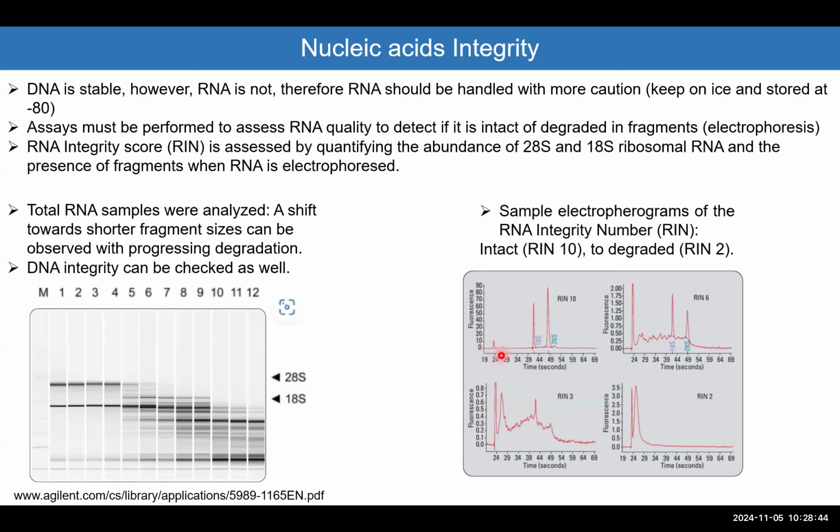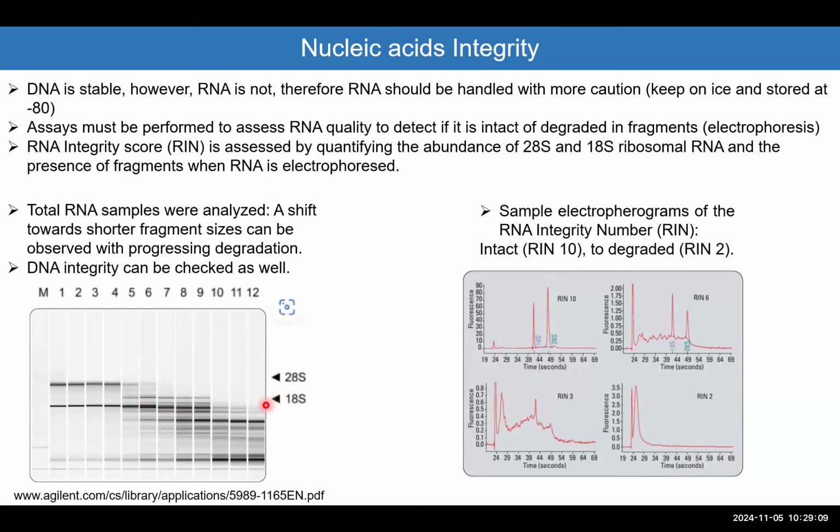Now, the more degradation that starts to take place in RNA, so if you load sample number 1 and sample number 12, and I think you got a question in the exam, it's super clear that sample number 12 is degraded because, first of all, the fragments are much smaller, and that's why you see them here, not there, in terms of time.